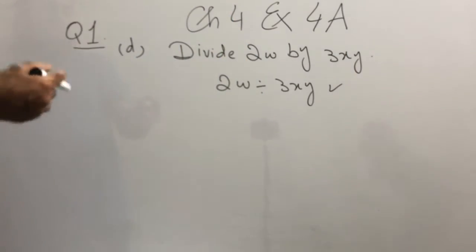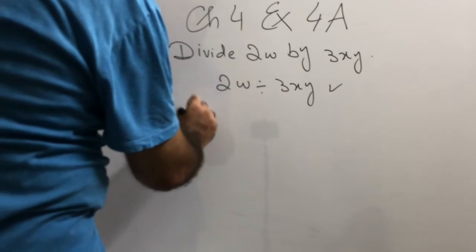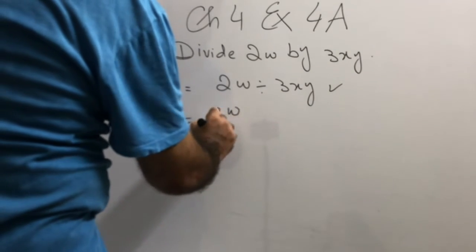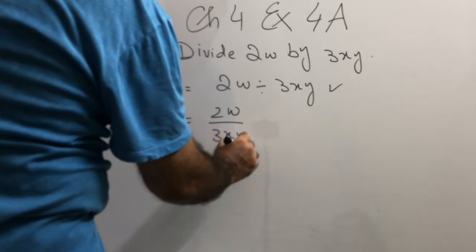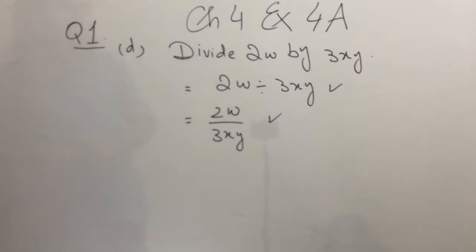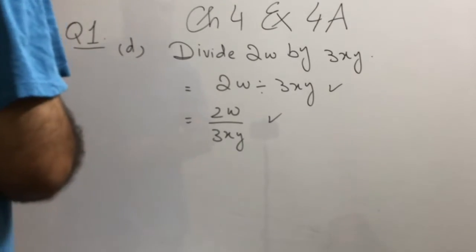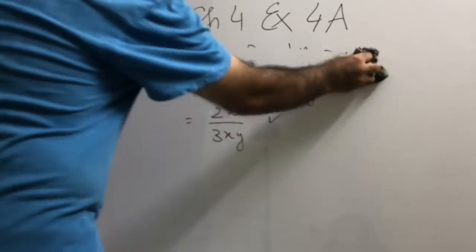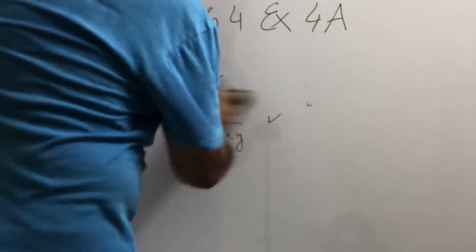We can interpret it in another way. We can say 2w over 3xy. This is also correct. So this is the algebraic expression or algebraic language. This is how we say divide 2w by 3xy. So this was part D.